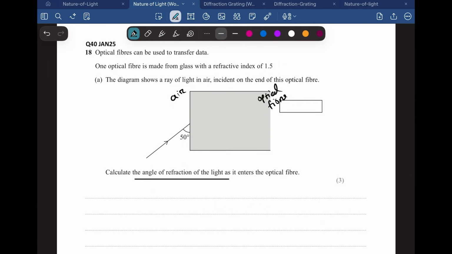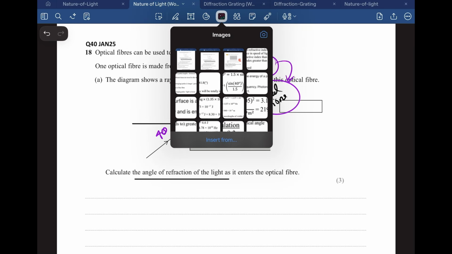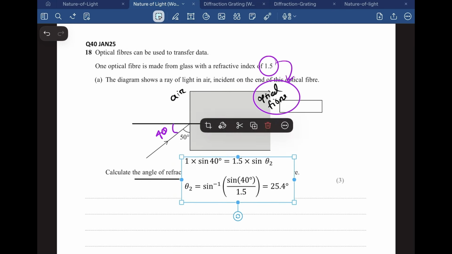Right here, you have to understand that the angle should be with the normal, so it should be 40 degrees. And we also know the refractive index of the optical fiber, which is 1.5. Now it will be very easy to answer this question. So this is how we will be answering this question.